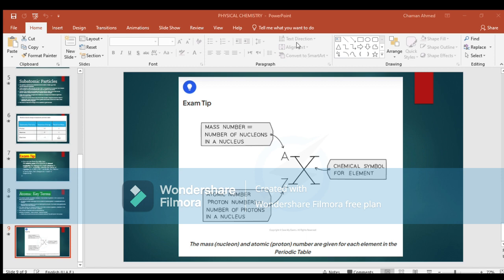Actually, I have to rotate it a bit. One second. Yeah, so you can see here, for example, for sodium, let's say, actually it's not in the correct form, but they have given the atomic number here at the top and the mass number at the bottom. But you need to know that the atomic number is always at the bottom and the mass number is always at the top. Just remember that.